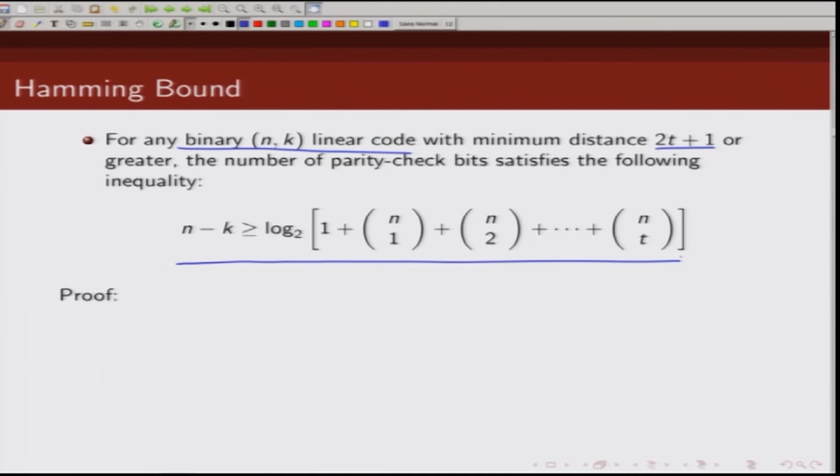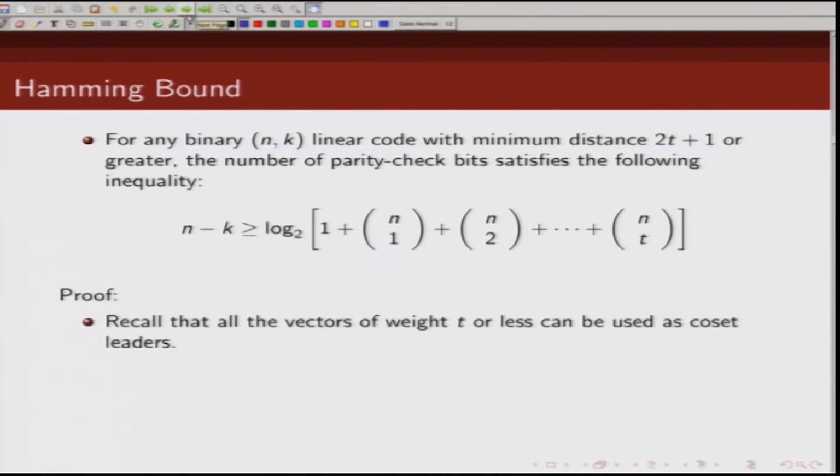So, how do we prove this? If we are interested in a linear block code whose minimum distance is at least 2t plus 1, we know from the property of linear block codes that this code can correct t errors.